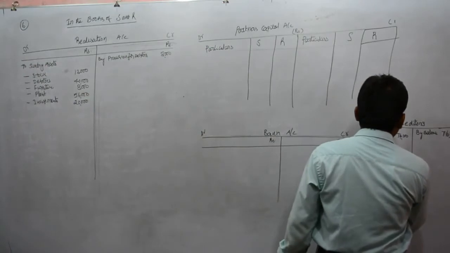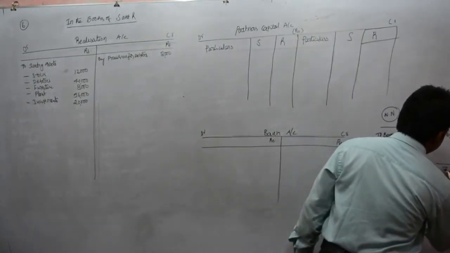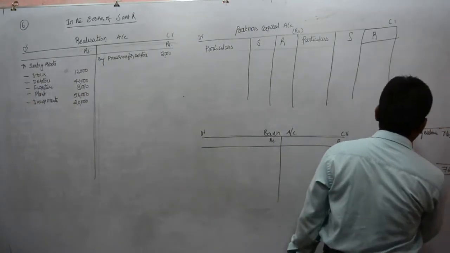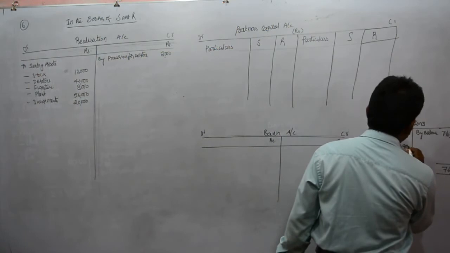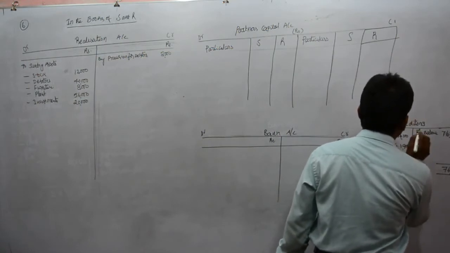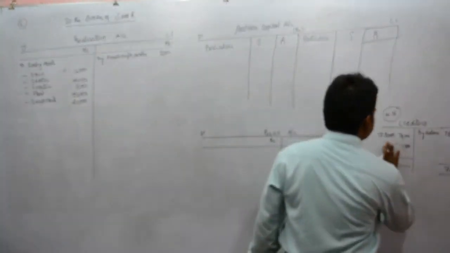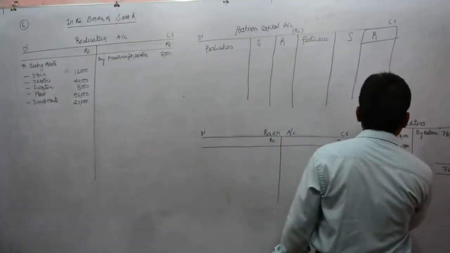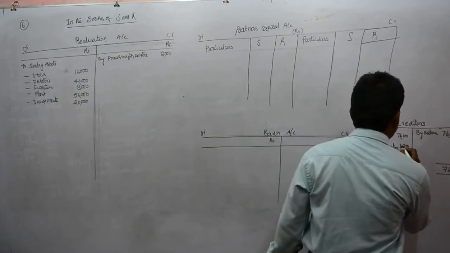So the remaining balance in the creditors account after paying them is 1,900, to be transferred to the realization account.